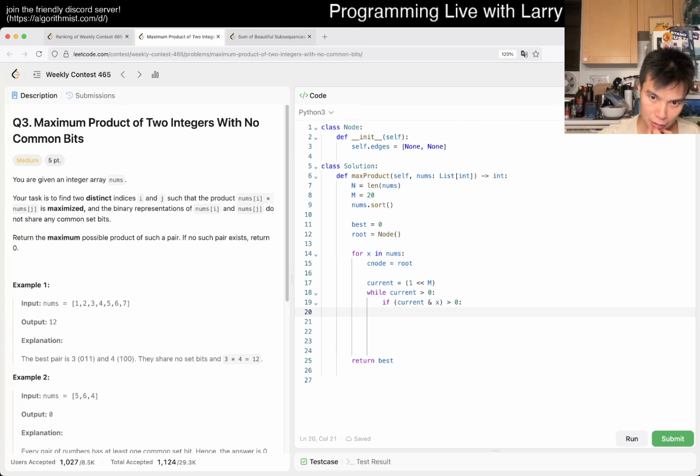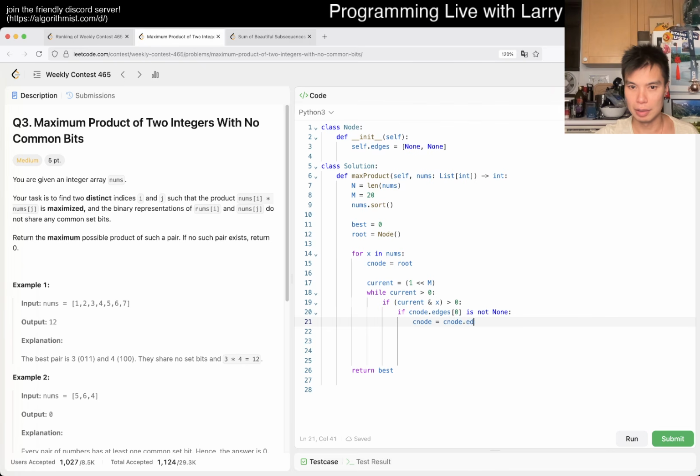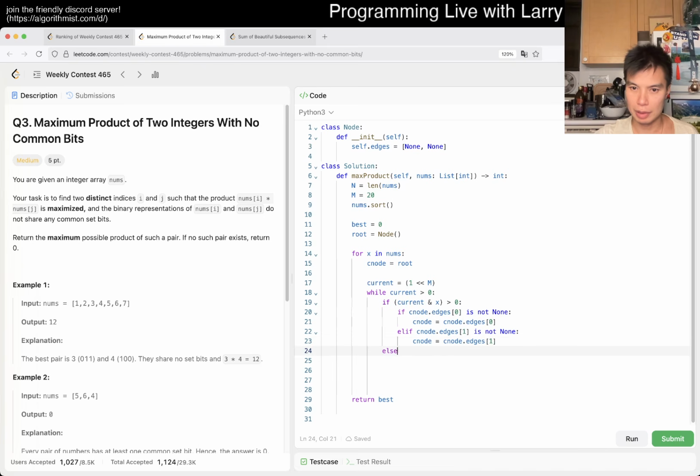Very rusty today. Okay, so if cnode.edges, so if this is a 1, we want a 0. 0 is not none, then cnode is equal to c.edges of 0. Else, if it's a 0, and then now else, then we just not found, we break.